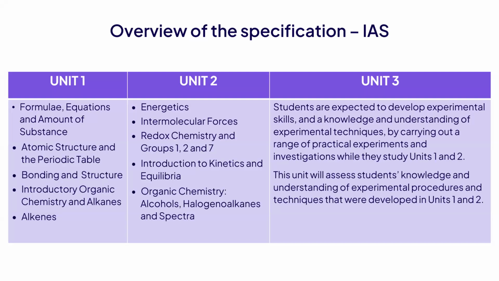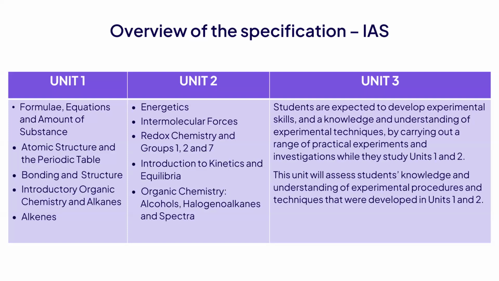As you can see in unit 1, you've got formulae, equations and amount of substance, atomic structure, bonding, and introductory organic chemistry with alkenes. In unit 2, you've got energetics, intermolecular forces, redox chemistry of groups 1, 2, and 7, introduction to kinetics and equilibria, and then organic chemistry, alcohols, halogenoalkanes, and spectra.